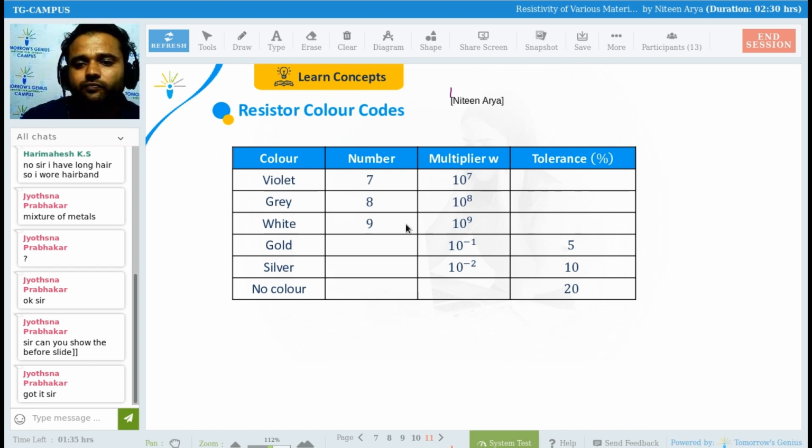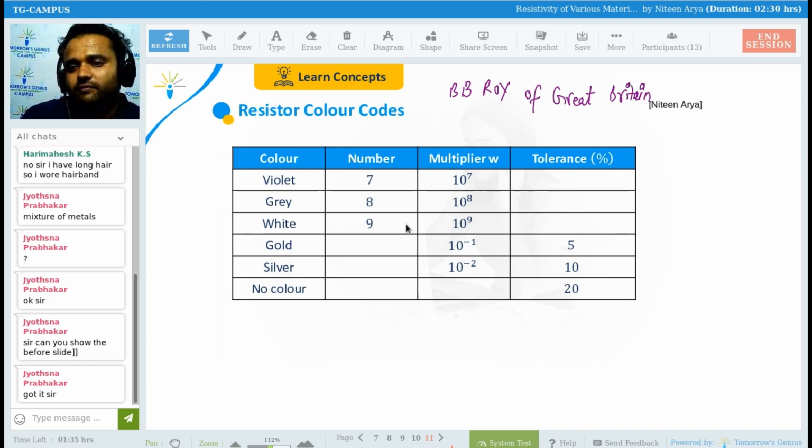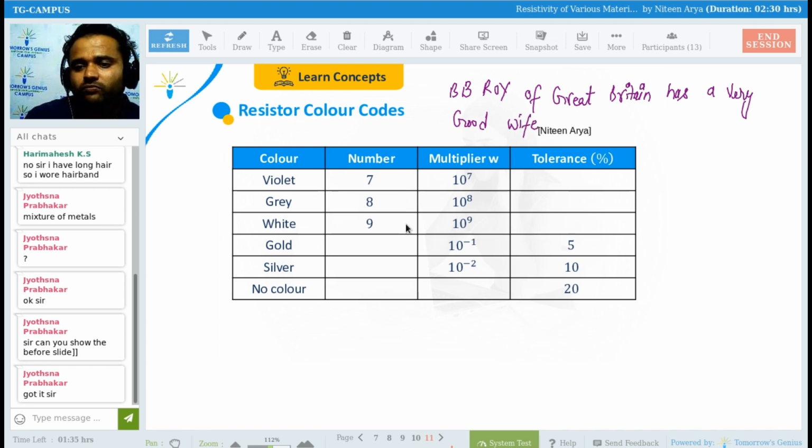Let me write it down: B.B. Roy of Great Britain has a very good wife wearing gold, silver necklace.